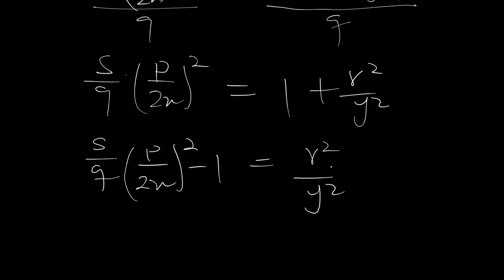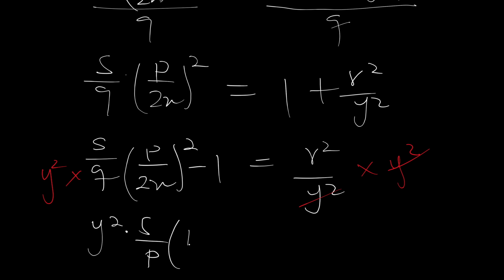Now to get rid of the fraction, we multiply both sides by y squared. So y squared cancels y squared. So we have y squared times s over q times p over 2x all squared minus 1 is equal to r squared.